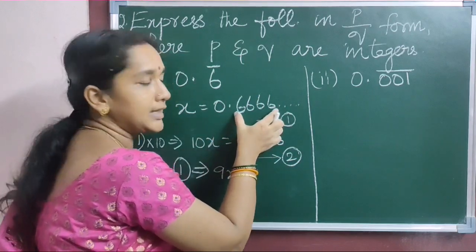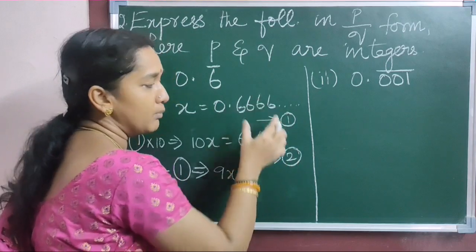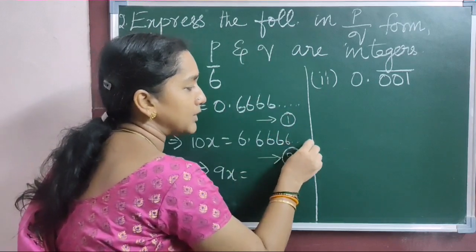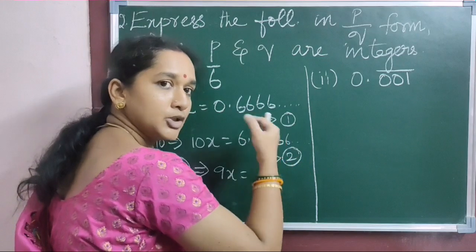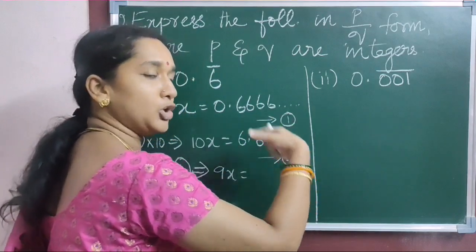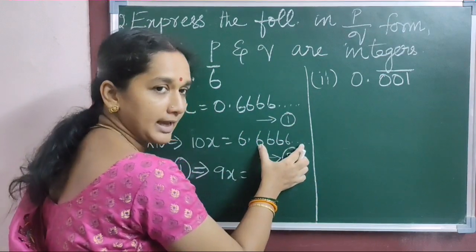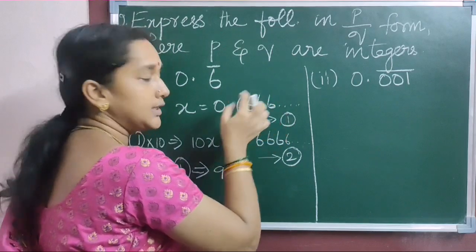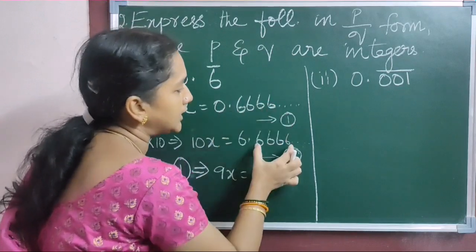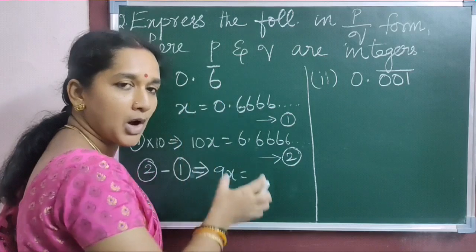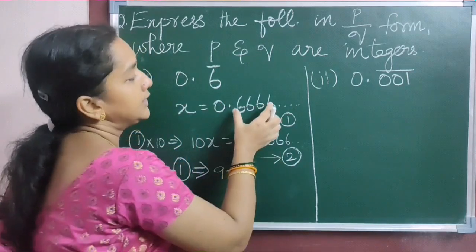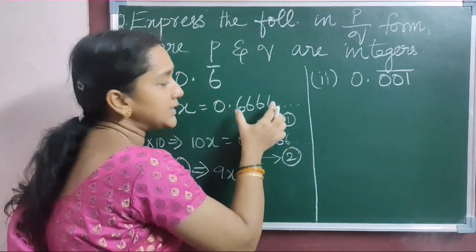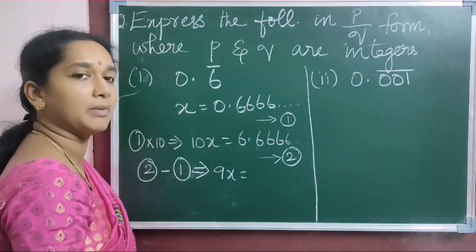In both, all the decimal numbers are the same. So somehow you have to make the decimal parts the same on whatever you are multiplying.